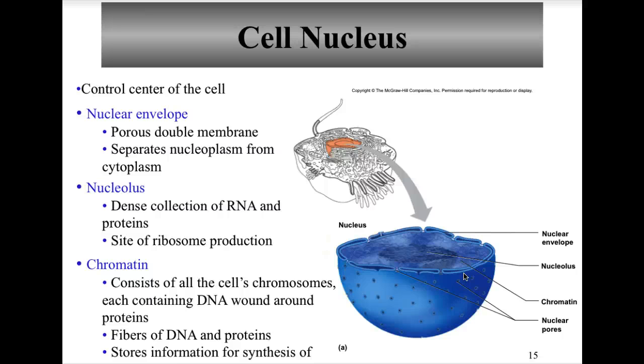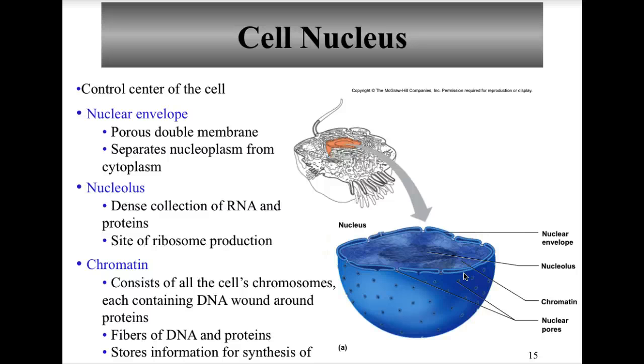The nuclear envelope is a double membrane-bound barrier that's going to help separate the internal nucleus from the external nucleus. So it's going to keep the components of the nucleus inside separate from the rest of the cytoplasm of the cell.